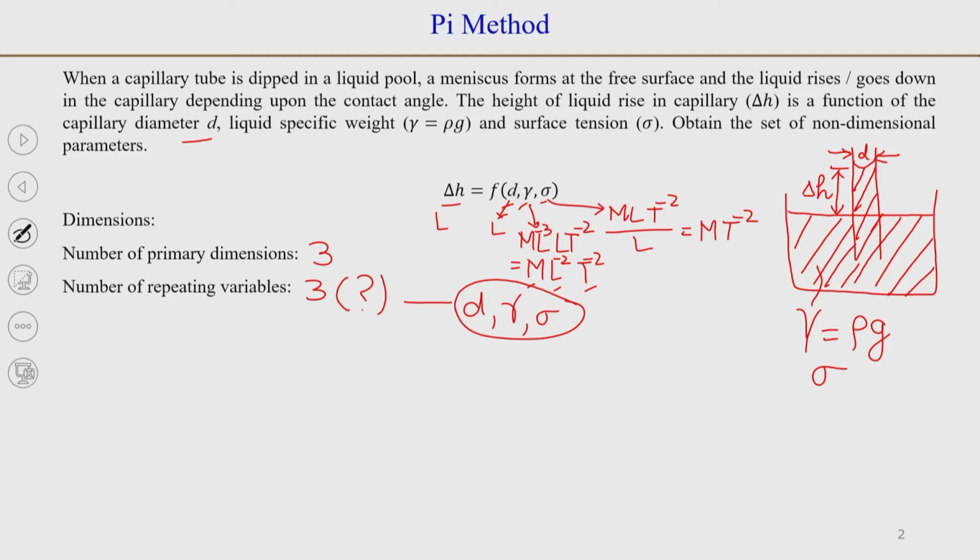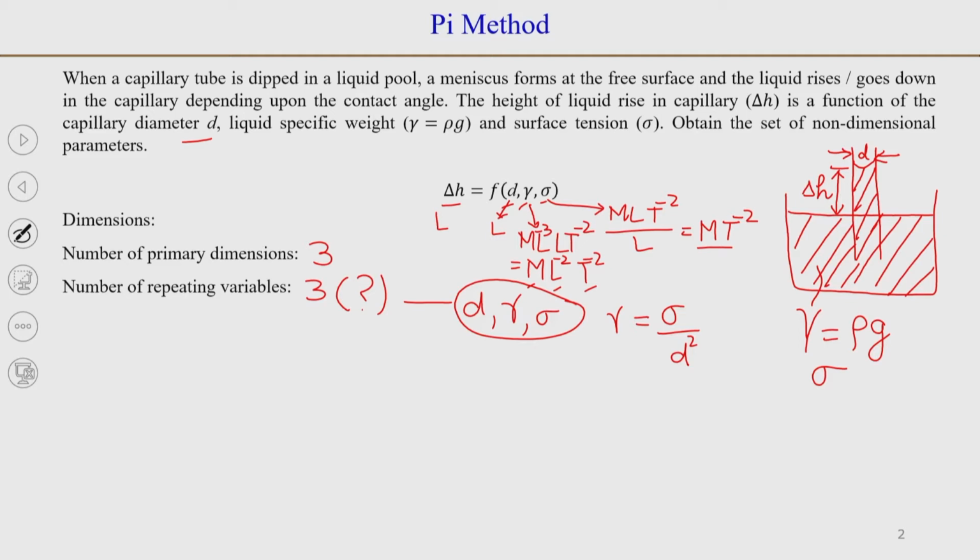A small inspection will tell you that the dimension of sigma is M T to the power minus 2. And gamma, which has dimension M L to the power minus 2 T to the power minus 2, is sigma over d squared, since d is L, so d squared is L squared.